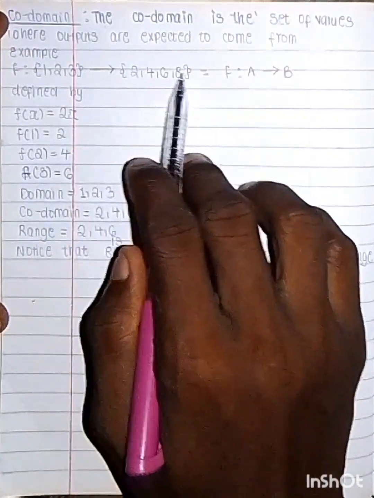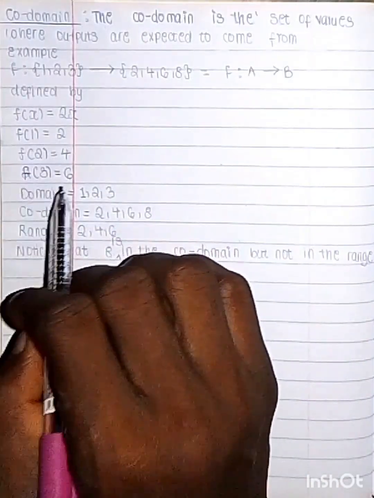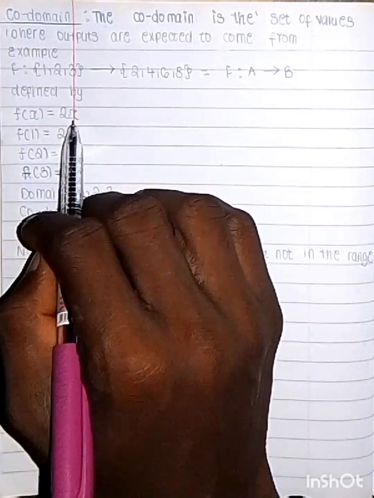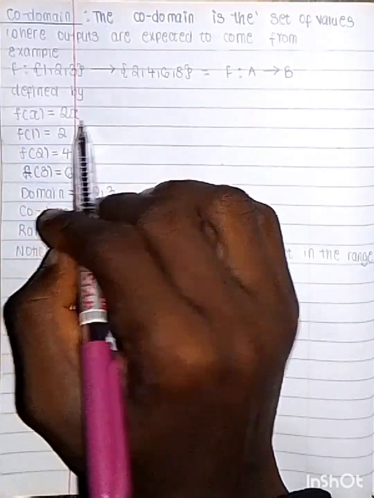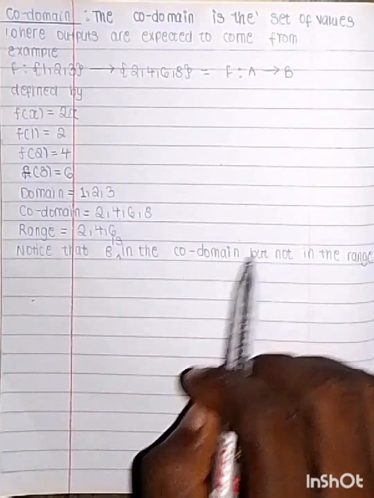But in a situation where we have 8 here, the last domain or input that was put into the function f(x) is equal to 2x gives us 6. So 8 is not included. 8 is in the codomain but not in the range.